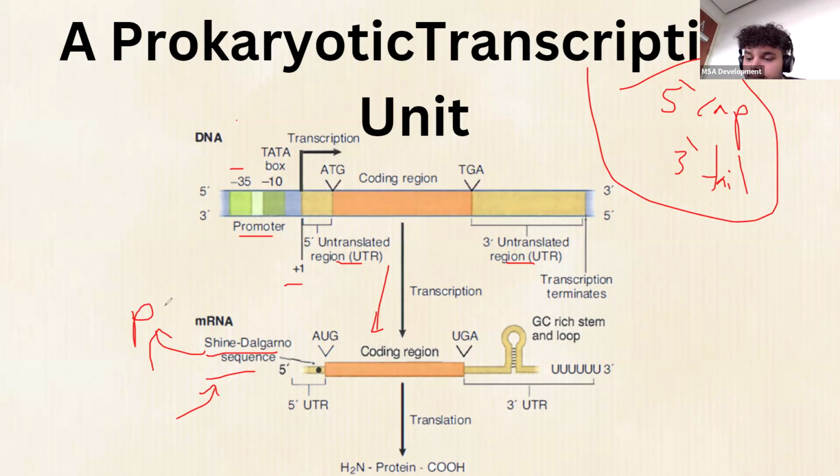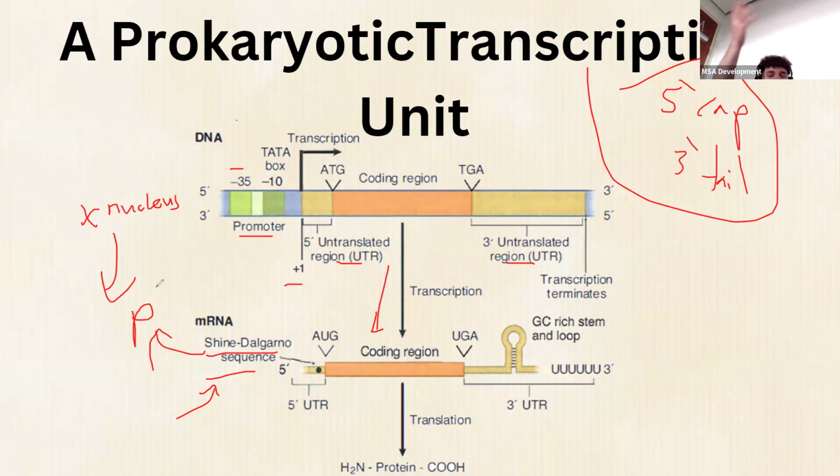Now, the mRNA does not have to leave the nucleus, because there is no nucleus in prokaryotes. So it does not have to leave and then enter the cytoplasm. It's transcription and then translation right away. It gets translated the minute it's synthesized.